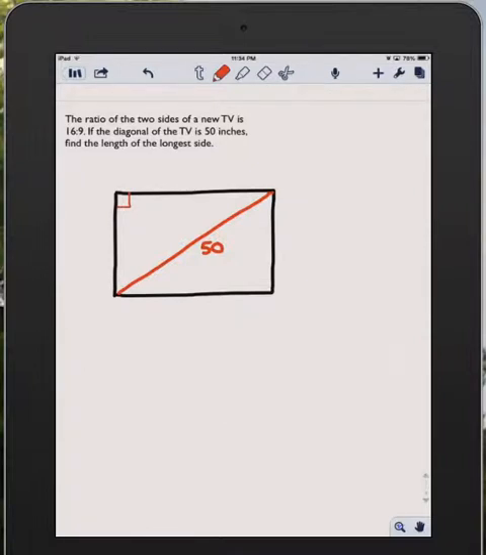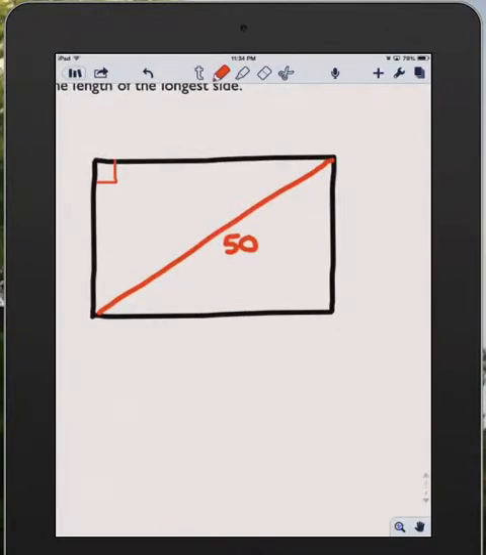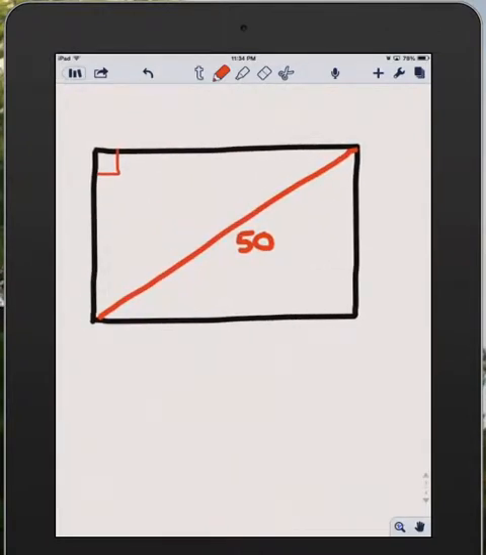Okay, so we have a diagram of the rectangle representing the screen of the television. If the ratio is 16 to 9, the sides can't be 16, 9, and 50 for this right triangle I'm looking at, because the hypotenuse wouldn't be 50 if the two sides were 16 and 9 respectively.